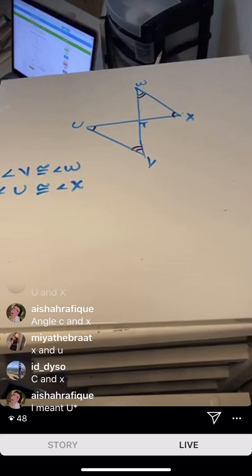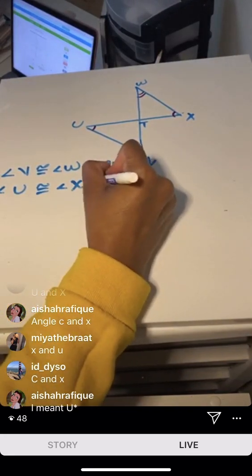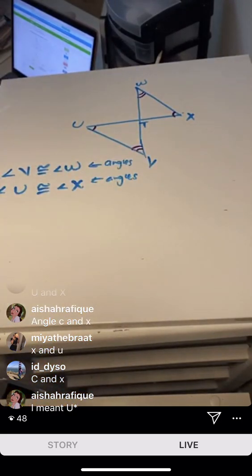So those are two pairs of angles. What else is congruent?